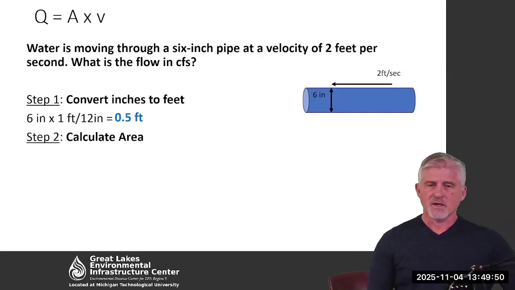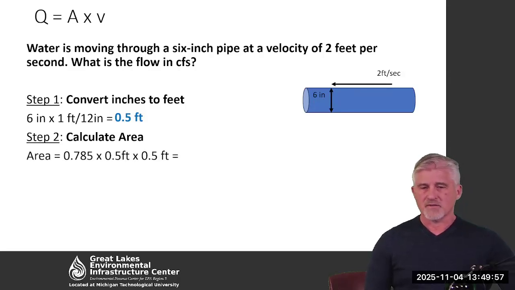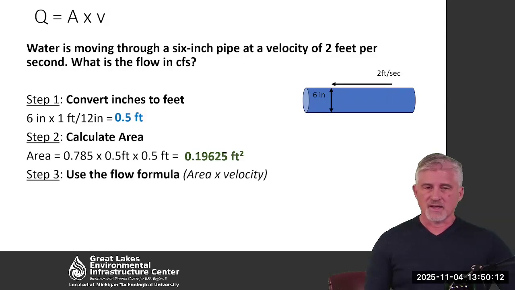Next, we calculate the area. So what's the area of the pipe? Area we know is equal to 0.785 times the diameter, which we already determined to be 0.5 feet, times the diameter again. And that gives us 0.19625 square feet. So that's the area of our pipe. Now we know that our velocity is 2 feet per second.